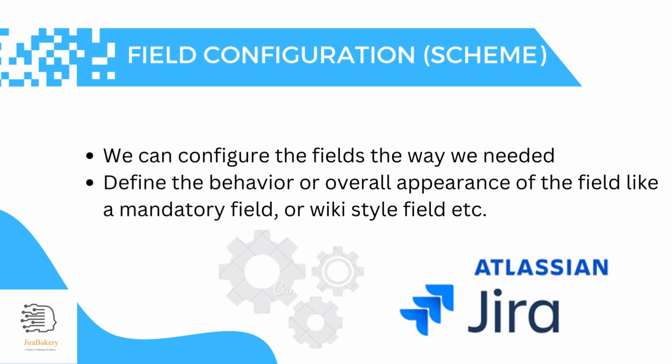Or in some cases, if it is a paragraph field, by default it goes to the standard paragraph with no additional values like adding an attachment or adding bullet points, etc. So if you need that field to be a wiki style field where you can add an attachment, copy paste a screenshot, add bullet points or tables, etc., this is the field configuration area where you have to make changes.